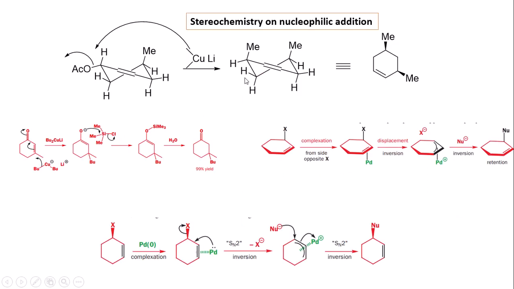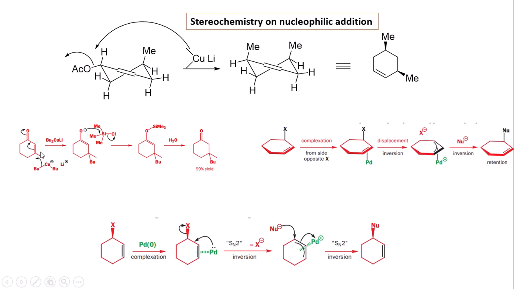Another problem is regarding the stereochemistry of nucleophilic addition. We know that dialkyl copper lithium is known as the Gilman reagent, and this Gilman reagent has a greater tendency for 1,4 addition in the case of alpha beta unsaturated carbonyl compounds, and it always prefers to attack in an SN2 fashion.